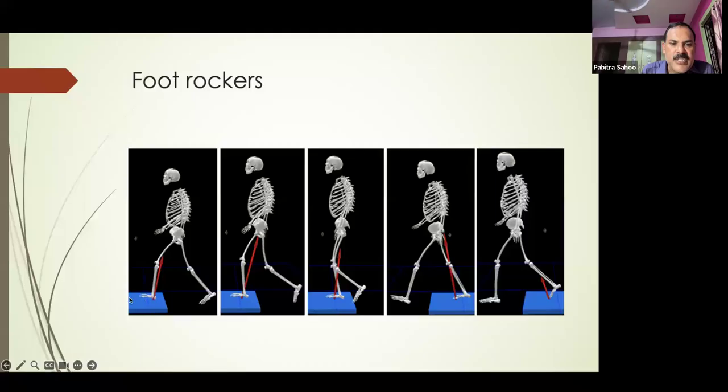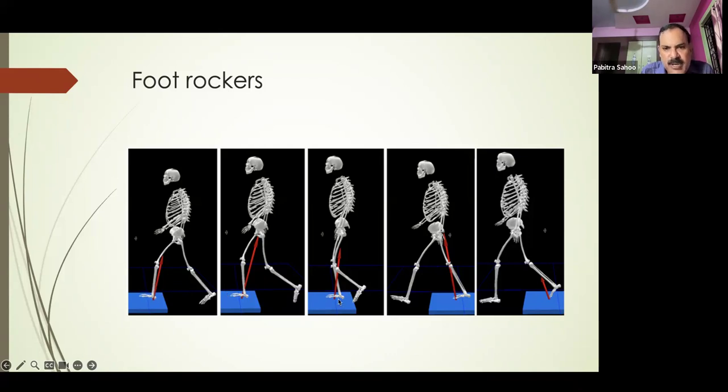This is the first lever, from heel strike to foot flat. That's the action of the pretibial group of muscles. That's the first rocker.